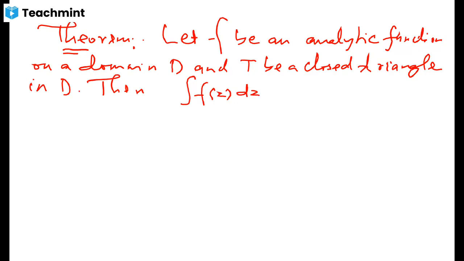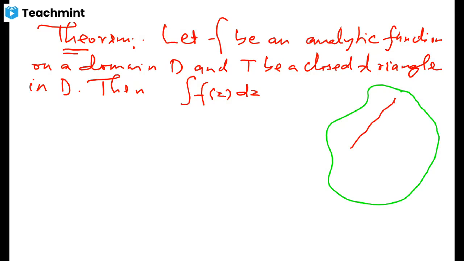When I am saying that I am taking this closed triangle, it means we have this domain, let it be a domain D, and let us take the triangle. When I say triangle, it doesn't mean just its boundary. It means everything inside these three line segments.